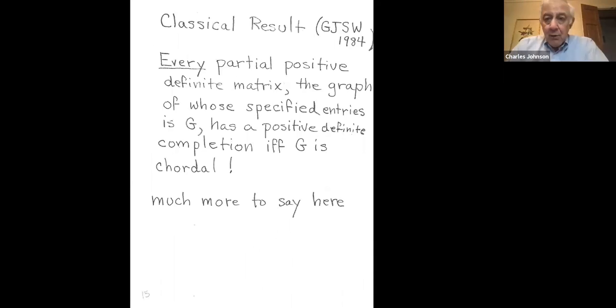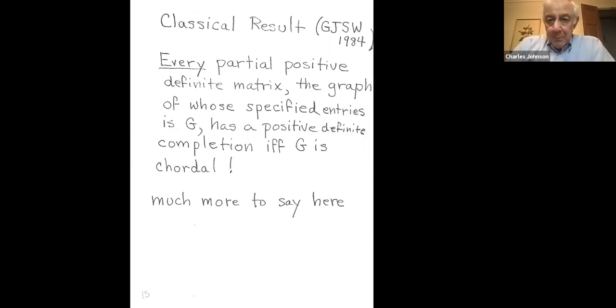Okay, now let me just close this lengthy introduction, a primer on matrix completion problems in general, with the classical result that Henry referred to. I also had two visitors at the time, Bob Groen and Eduardo Sa, and we settled the P-completable problem for the property positive definite.